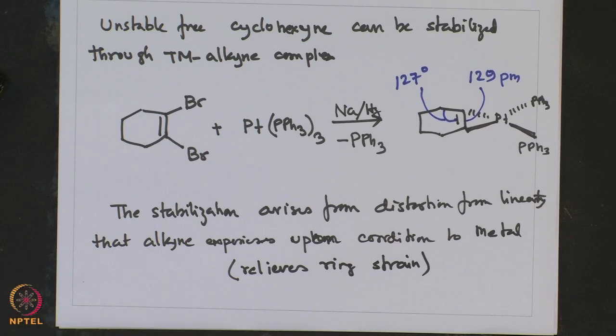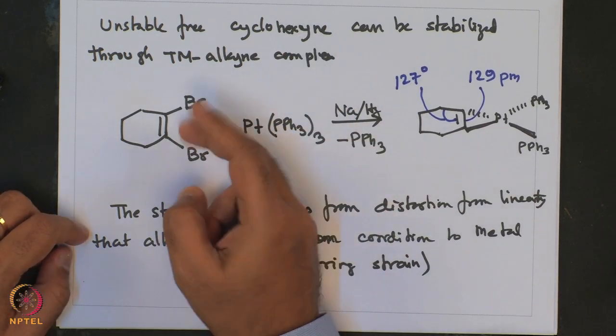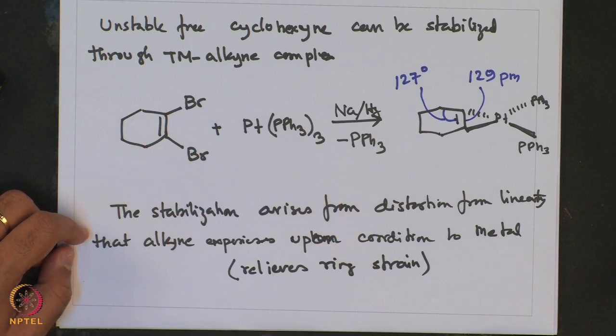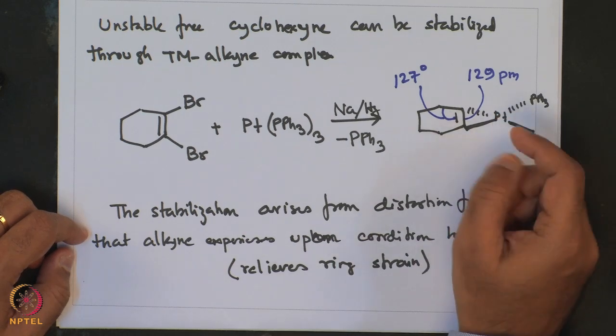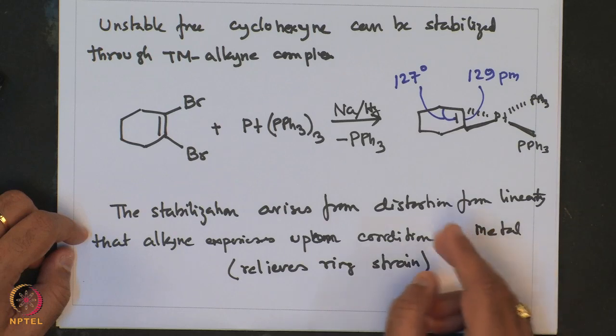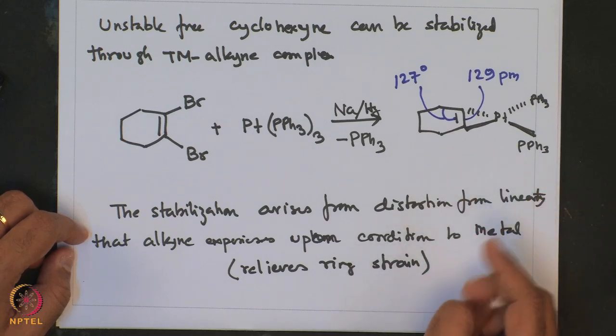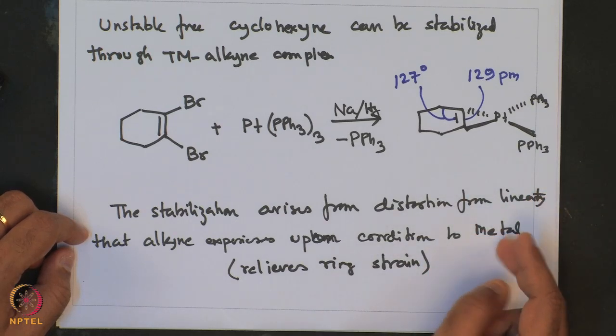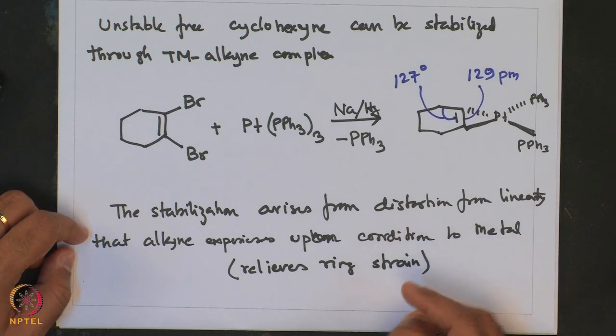So, this highly unstable cyclohexyne, which is highly strained and unstable because of the increased ring strain, can be stabilized when it is bound to metal, and this stabilization arises from the distortion from linearity upon coordination to metal, leading to release of ring strain.